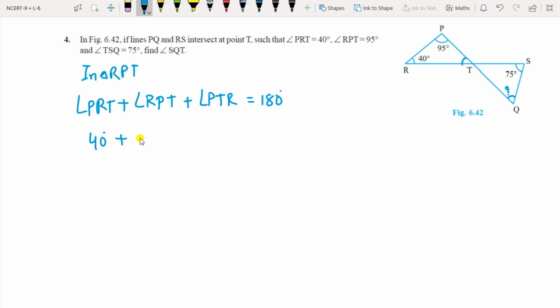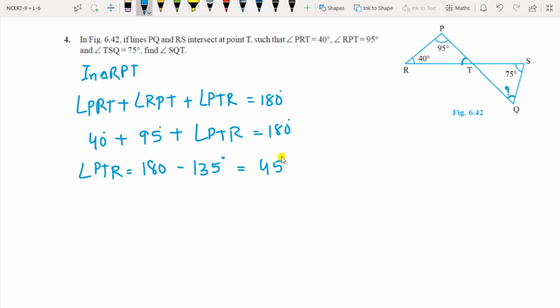So this is 95 plus PTR you have to find equal to 180. So angle PTR, add this and subtract this from 180. So it will be 180 minus 135. So 180 minus 135 will give you 45 degrees. So this answer is 45.